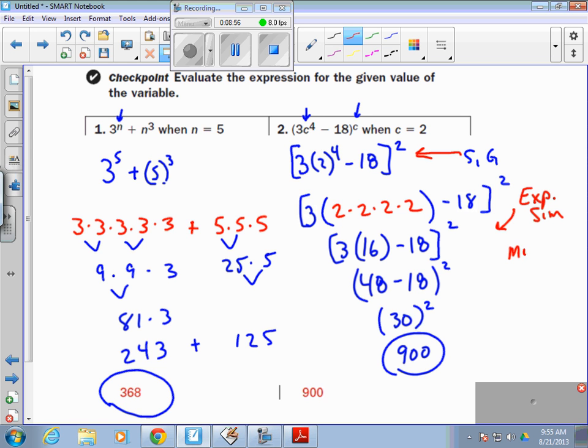So from here, we multiplied because we were simplifying. And then from that step, we subtracted because we were simplifying. And then finally, again, we evaluated exponents. We multiplied 30 times 30. So we did exponents to simplify.